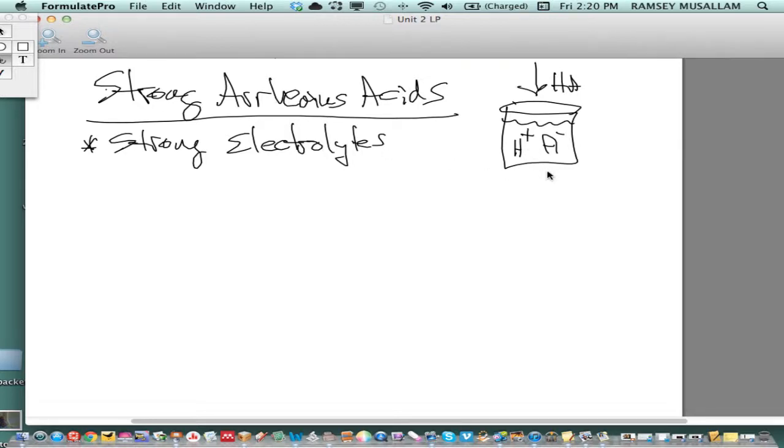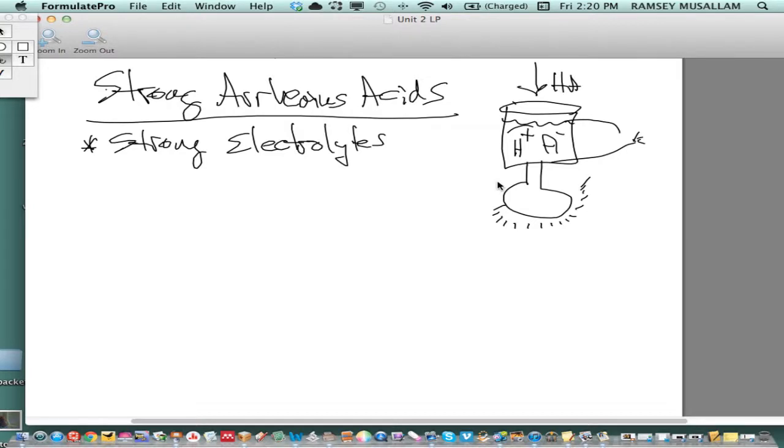So if we plug this into some light bulb, this is going to make the light bulb light. And what's allowing it to light is these charges. The electrons can go through this solution. Obviously this is going to be plugged into an outlet somewhere. You saw that last year when you put sodium chloride in it.